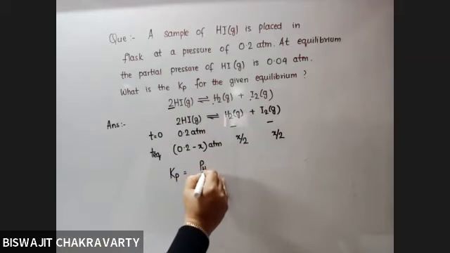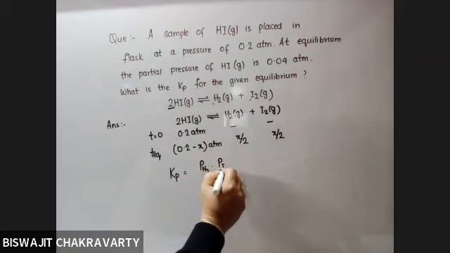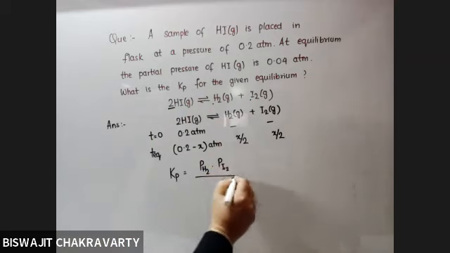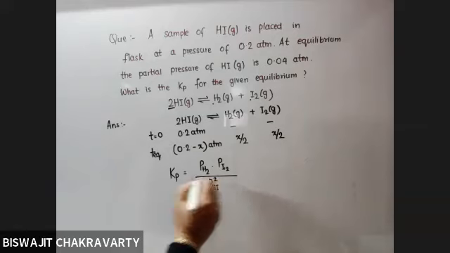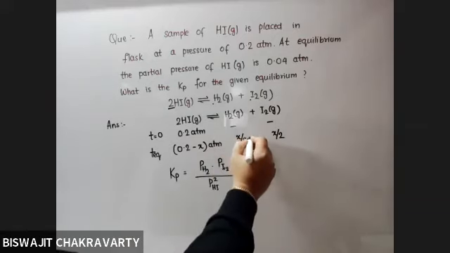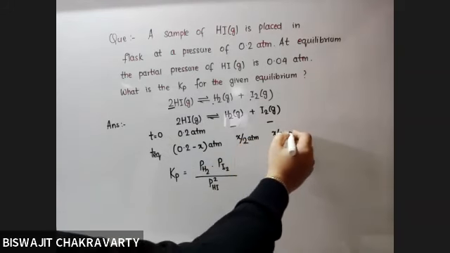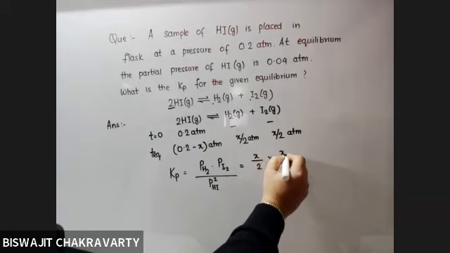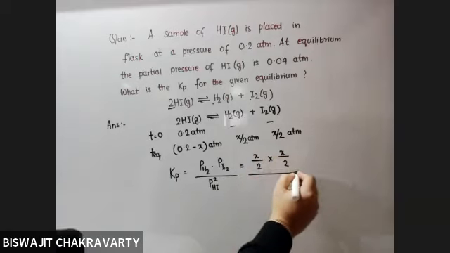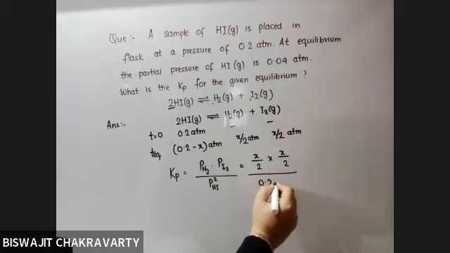So the Kp expression will be partial pressure of H2 into partial pressure of I2 divided by partial pressure of HI square. These are directly partial pressures, they are not moles. I will write x/2 into x/2 divided by 0.2 minus x whole square.